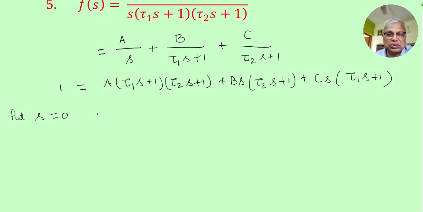When you substitute s equal to 0, tau 1 s becomes 0, tau 2 s becomes 0, so 1 equal to A. And s equal to 0 means the B term becomes 0, and similarly the C term also becomes 0. So you get one answer, A equal to 1.